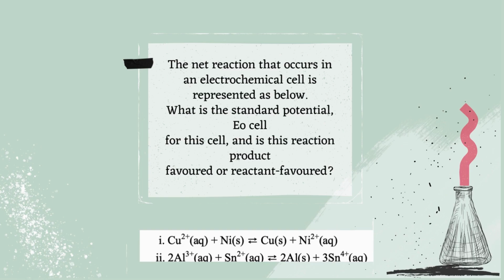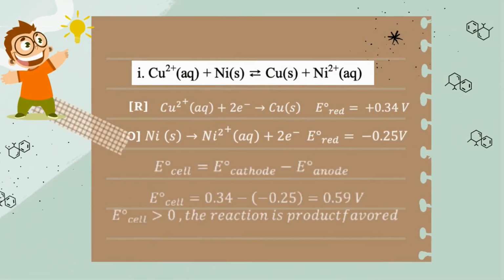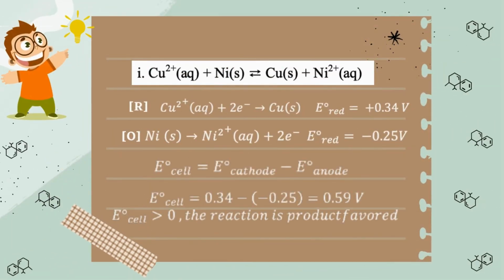What is the standard potential for this cell? And is this reaction product favorable or reactant favorable? So this question gives two reactions. Let's solve this. For the first reaction, we have Cu2+ and Ni forming Cu and Ni2+.